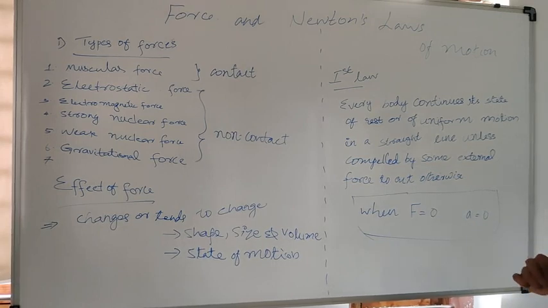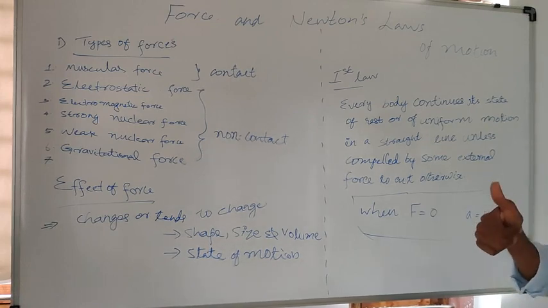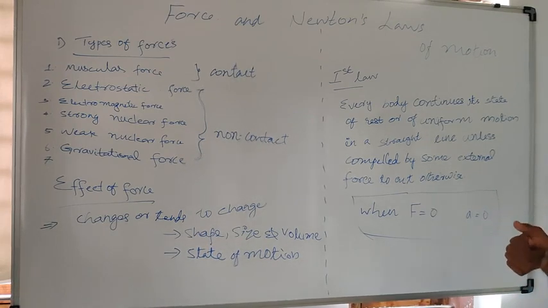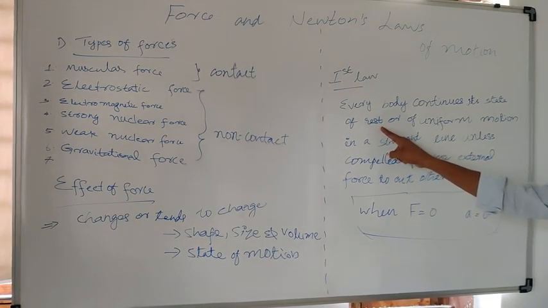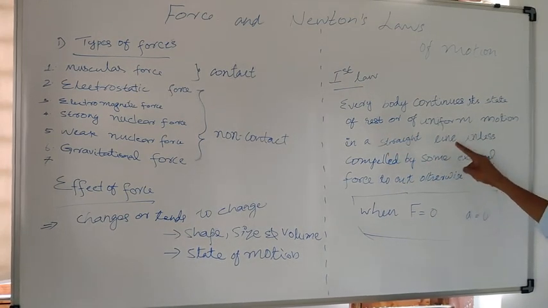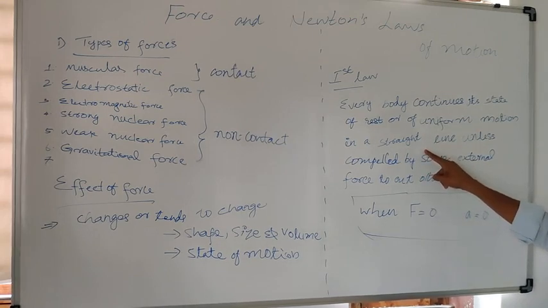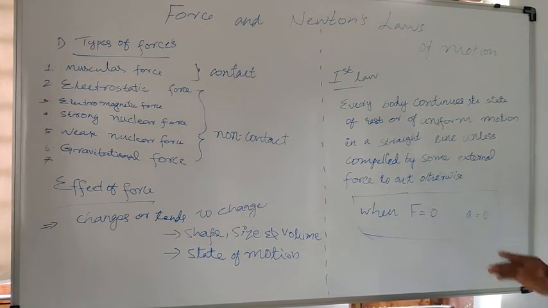So unless a force is acting on the object, which force? Unbalanced external force. The object will continue to be either at rest or in uniform motion in a straight line, meaning it may move with constant velocity.